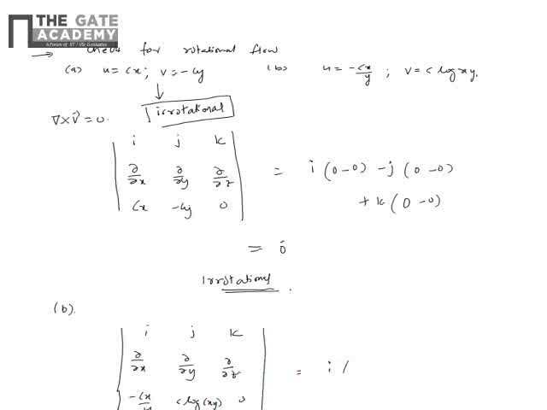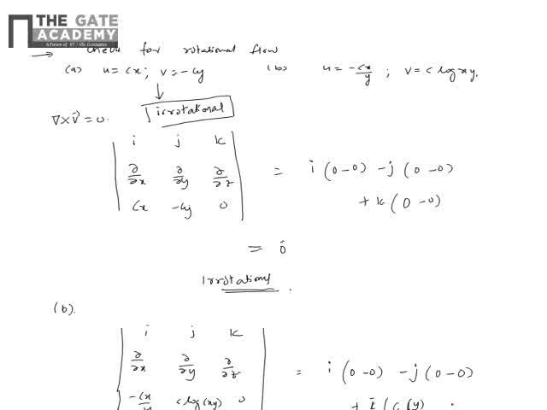So i into dou by dou y of 0 is 0, dou by dou z you don't have depending on z, minus j dou by dou x of 0, 0, dou by dou z of cy by y is 0, you don't have depending on z, k dou by dou x of log xy. You have log xy, so it is 1 by xy into the internal derivative y, minus dou by dou y of this.